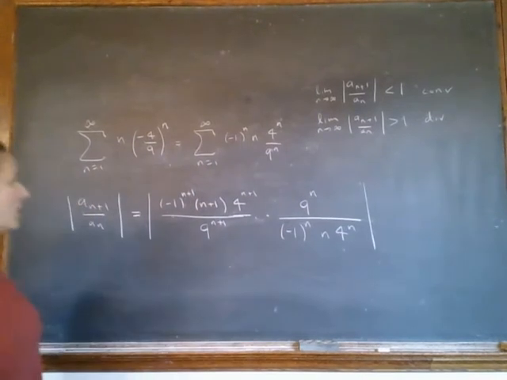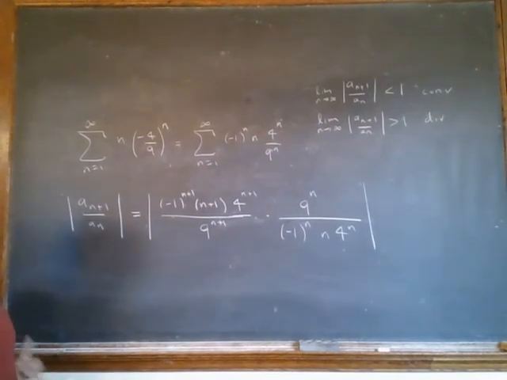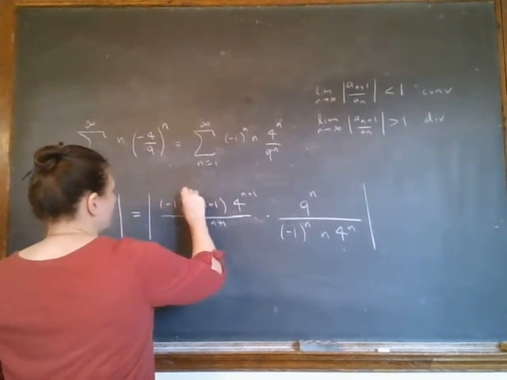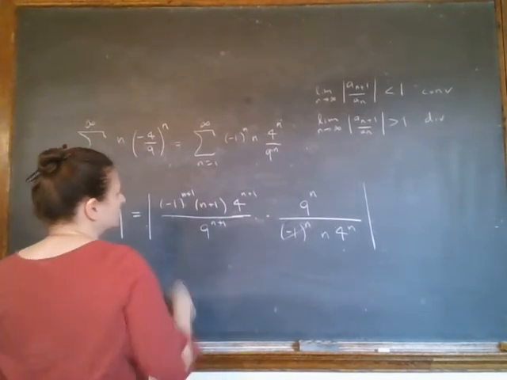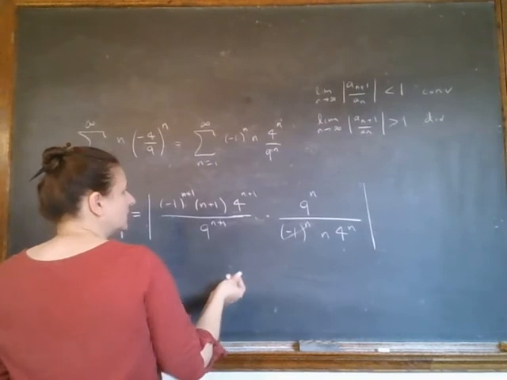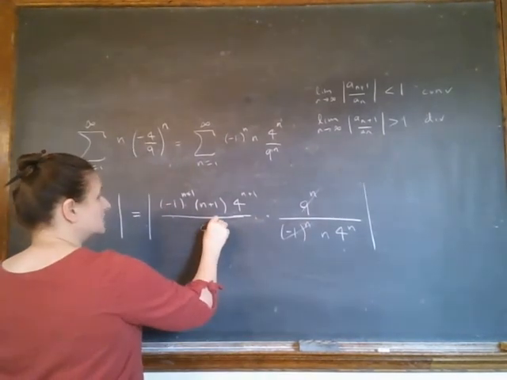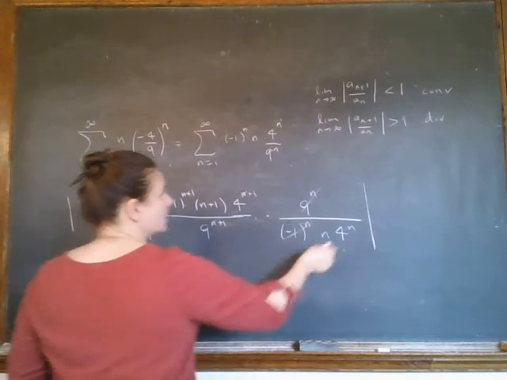Okay. Well, the absolute value kills the minus 1, right? So we don't have to worry about that. Those guys cancel. You have a minus 1. The absolute value will kill it. This is why it's nice for these ratios. You can cross out a lot of stuff.